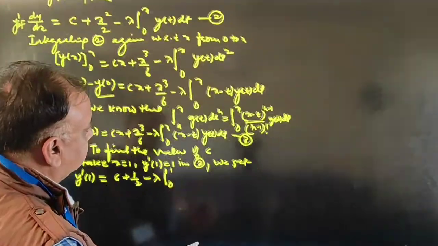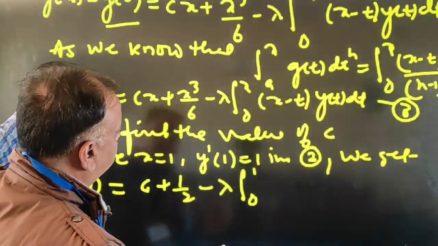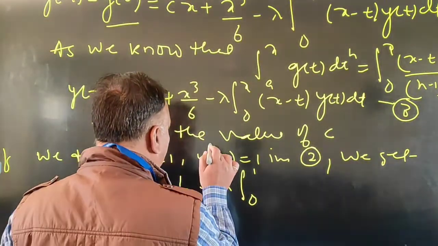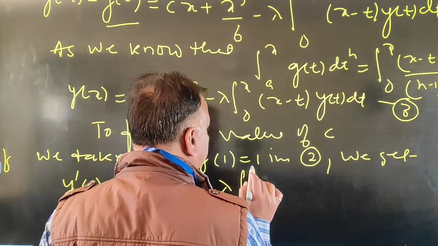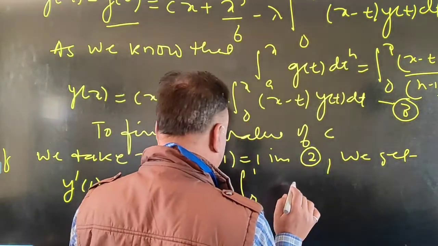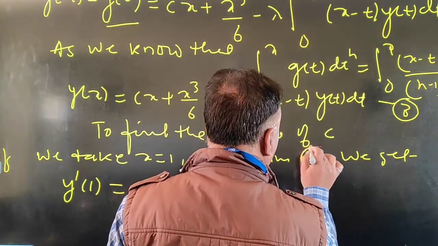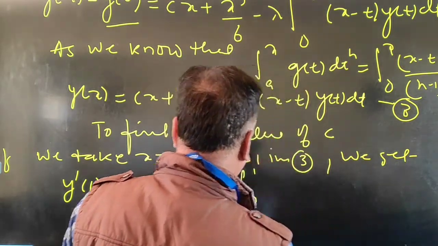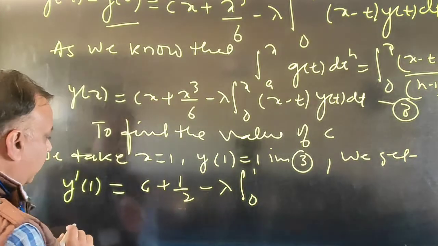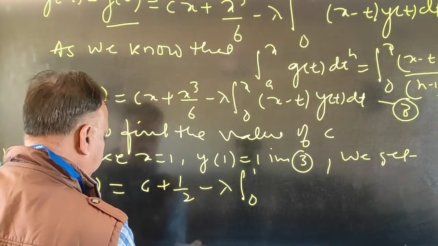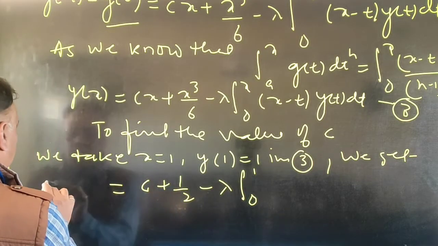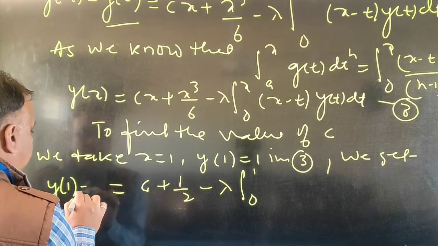Putting x is equal to 1 and y1 is equal to 1 in equation number 3, we get y1 is equal to 1, and this is given as 1.